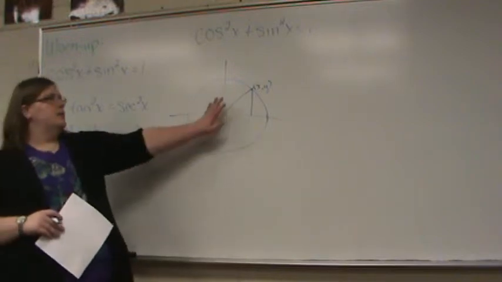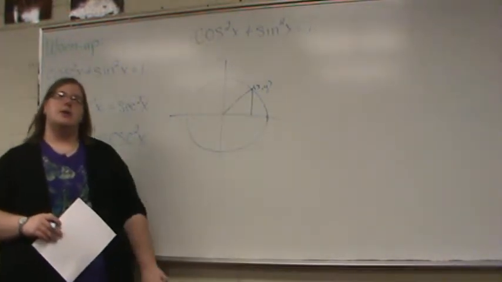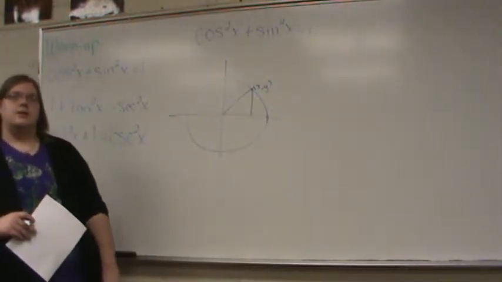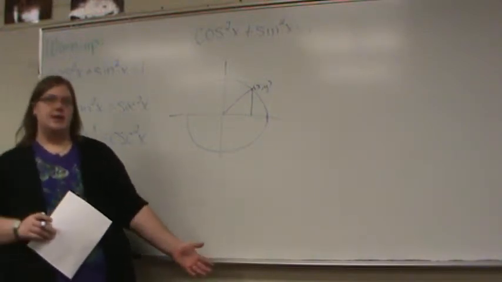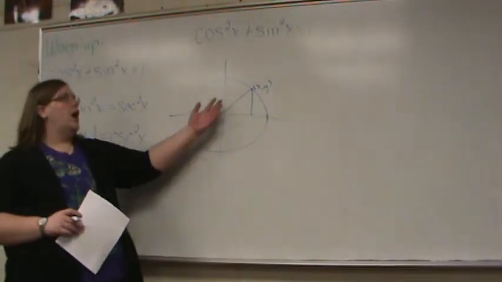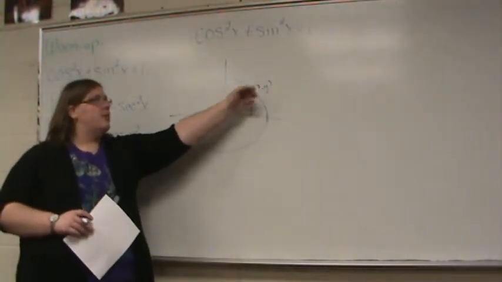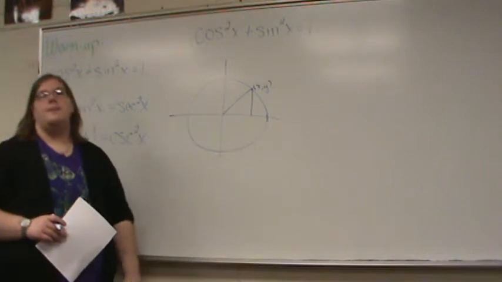That's how we draw in our triangle in our unit circle. How can I label my sides on my triangle? We have a hypotenuse, an adjacent, and an opposite side. But what can we call those if we're given that we have this random point x, y?